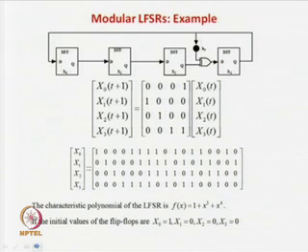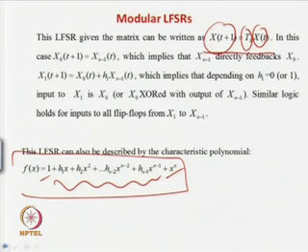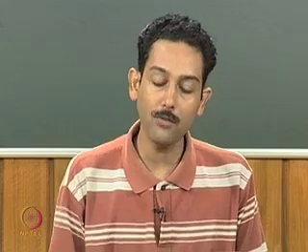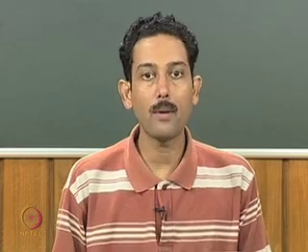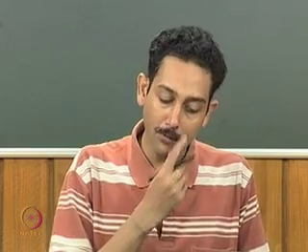So, the only difference is that, as we were discussing in the last class, a lot of theories exist to find out whether this characteristic polynomial will generate a near complete set of random patterns, or whether it may not be able to generate all of them.